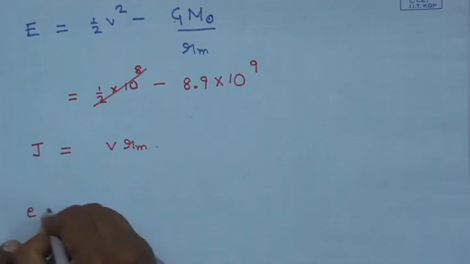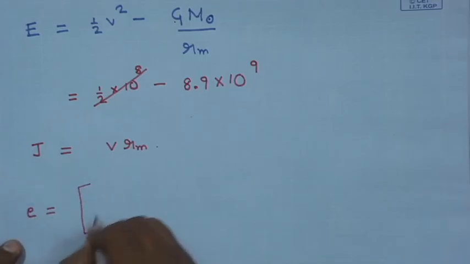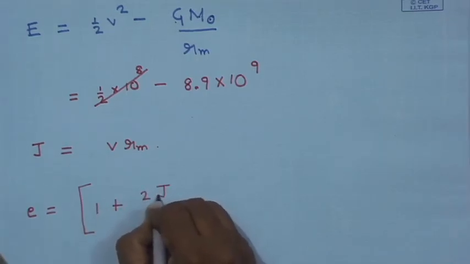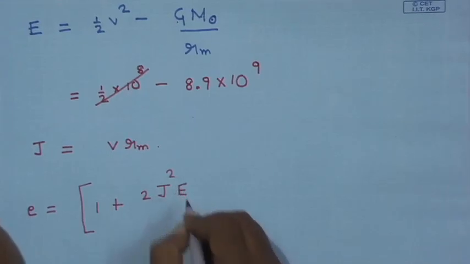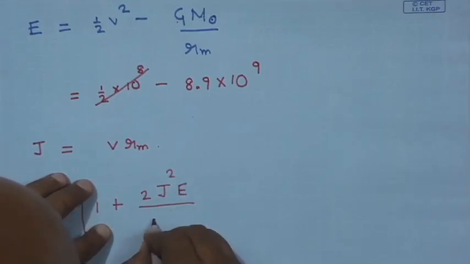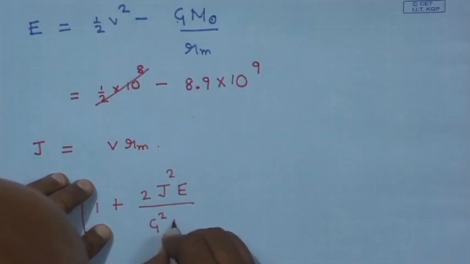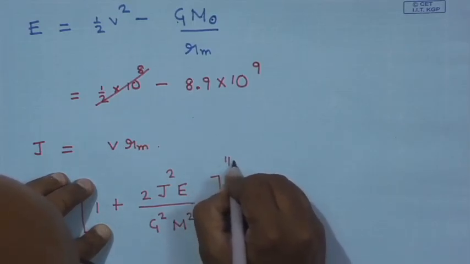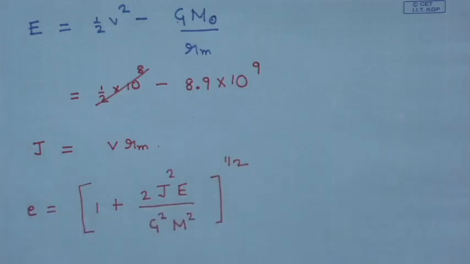The eccentricity is 1 plus 2 j squared E by G squared M squared, to the power half. And E we have seen.